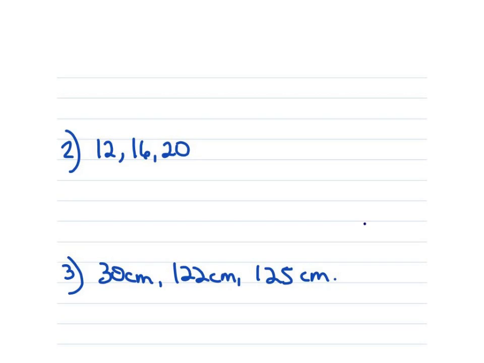Okay, let's simplify here. 9 squared is 81. 12 squared is 144, and C remains a mystery to us. Okay, let's simplify by adding 81 plus 144, and I get 225 is equal to C squared.